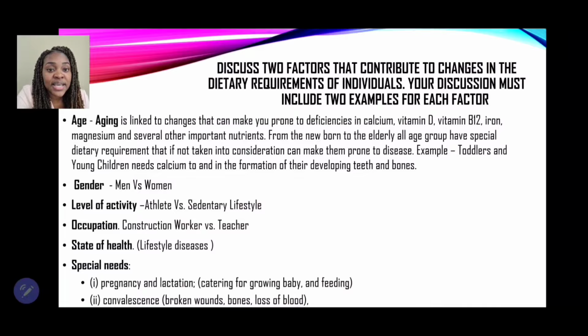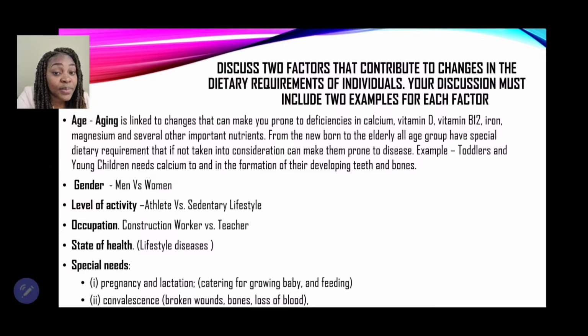Aging is linked to changes that can make you prone to deficiencies in calcium, vitamin D, vitamin B12, iron, magnesium, and several other important nutrients, right? From the newborn to the elderly, all age groups have special dietary requirements that, if not taken into consideration, can make them prone to diseases, right?